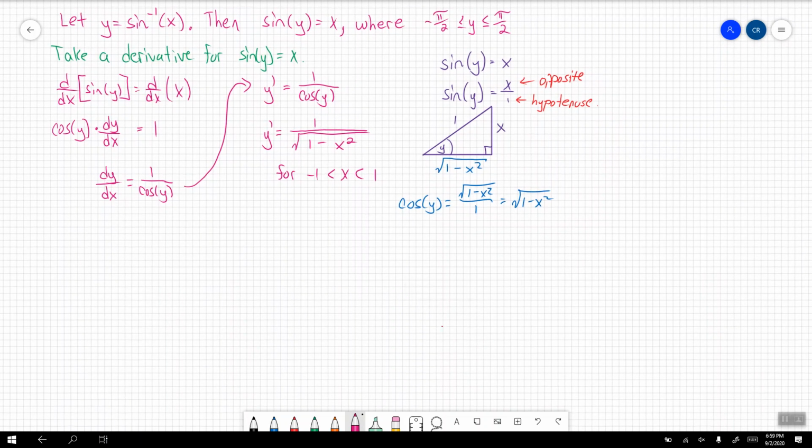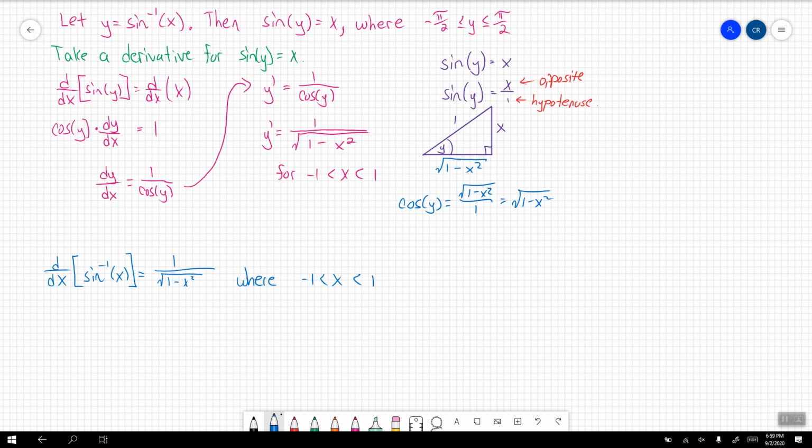And I'm going to summarize that on the bottom of your screen here, where I'm going to say that the derivative with respect to x, and this is going to be for sine inverse of x, is equal to 1 divided by the square root of 1 minus x squared, and this is going to be where x is bounded between -1 and 1.